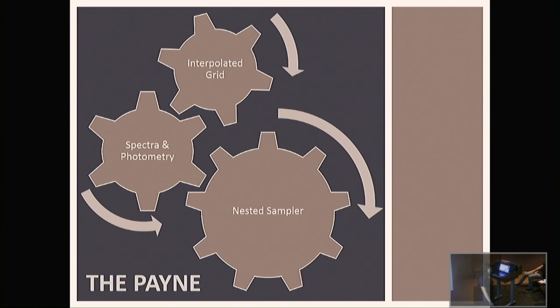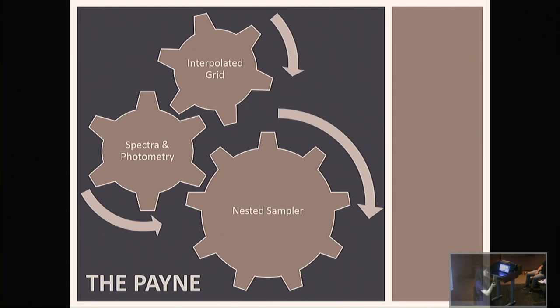So the Payne takes the observational data and gives us actual physical quantities from this data. And the way that it does that is it takes the spectrophotometry we give it, and it has this interpolated grid. What the interpolated grid is, is essentially this grid, for lack of a better word, that for specific parameter values, so for example, one value of temperature, surface gravity, radial velocity, it'll create a spectrum of a star.